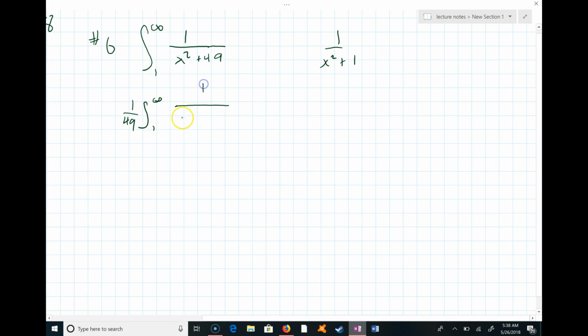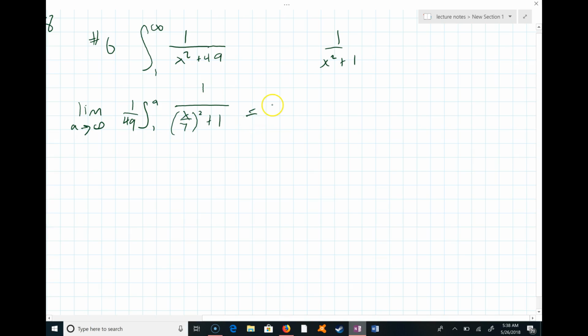And of course, when I factor that out, that leaves an x over 7 squared plus 1. That looks just like that, except it's an x over 7, so an x squared. And because it's an improper integral, we'll change that to an a. We'll put the limit as a approaches infinity over here.